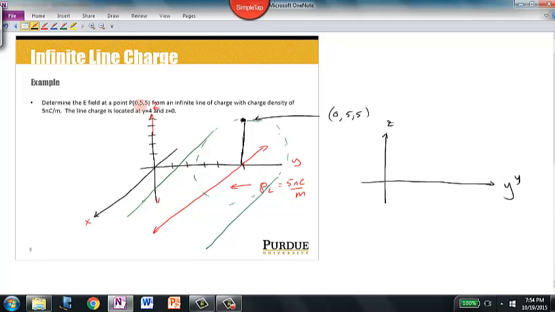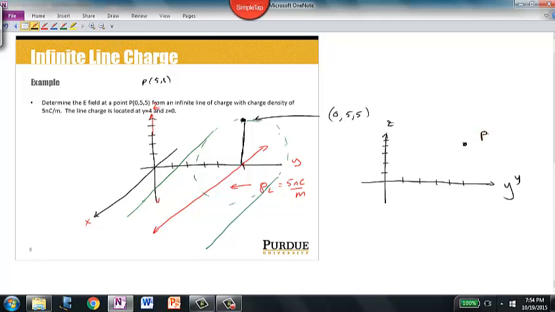So if we simplify these points down to the z and the y, P becomes 5, 5, and the line charge stays at 4, 0. So 1, 2, 3, 4, 5, 1, 2, 3, 4, 5.